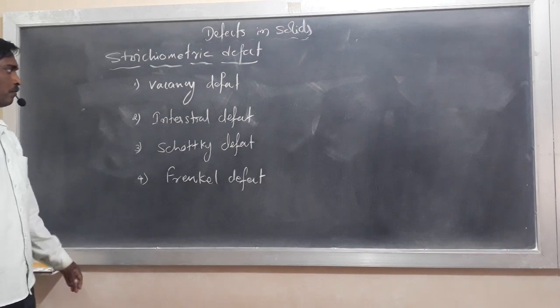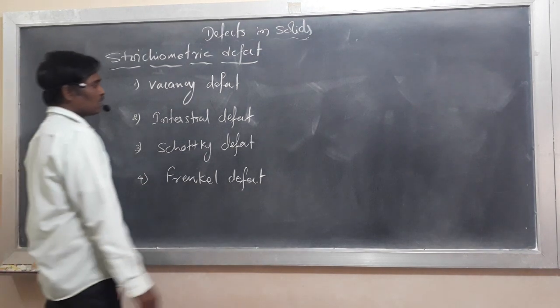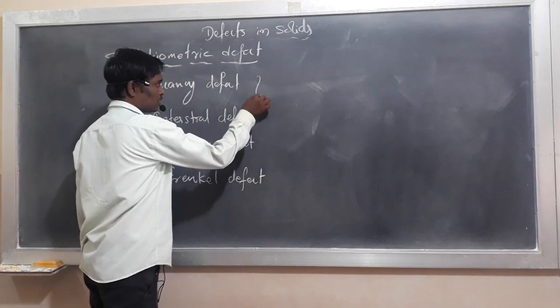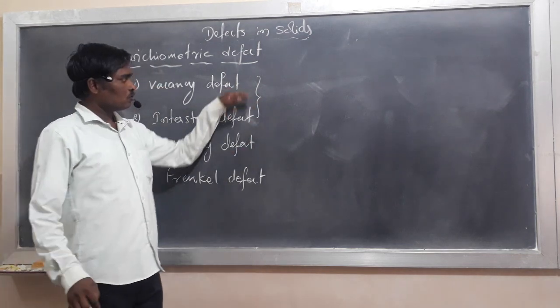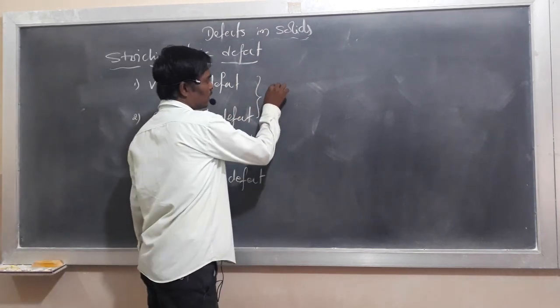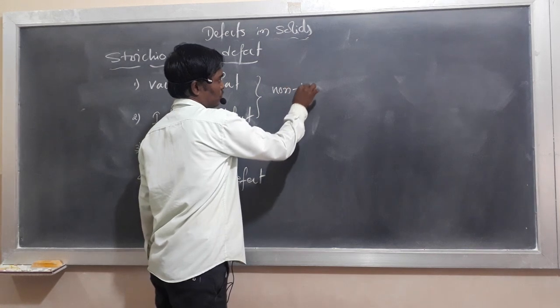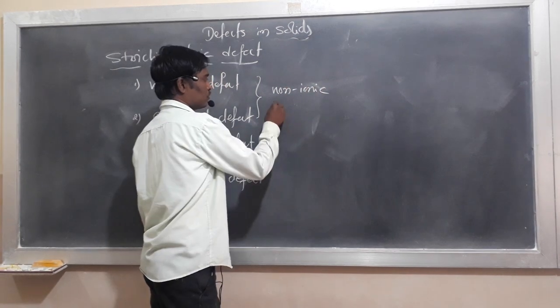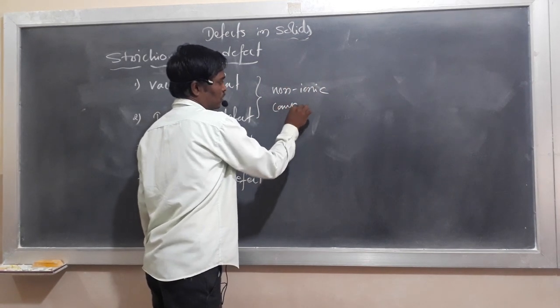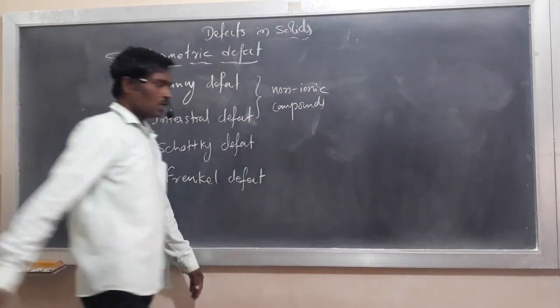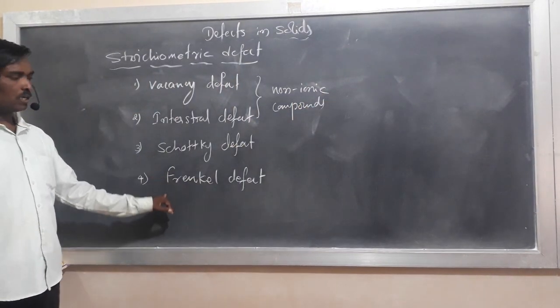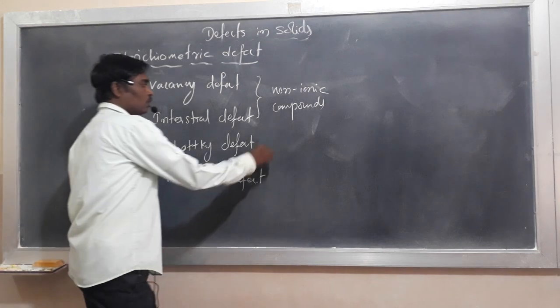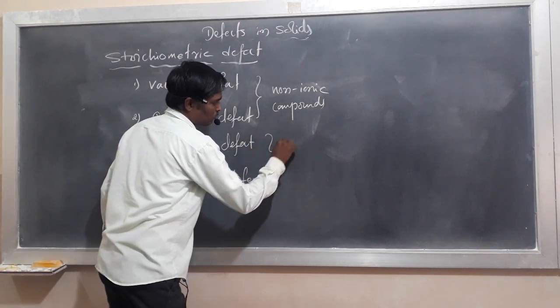So vacancy defects and interstitial defects fall in non-ionic compounds or non-ionic solids. And Schottky defects and Frenkel defects are for ionic compounds.